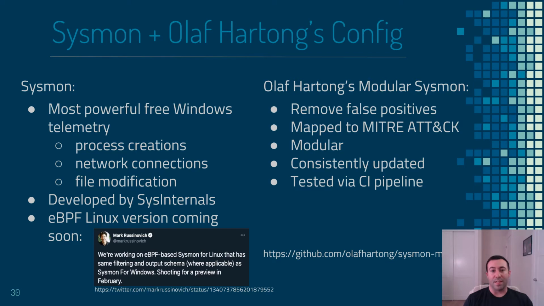One thing I'm personally excited about is that according to Mark Russinovich, in 2021, a Linux version of Sysmon is supposed to be released. I use Olaf Hartung's Sysmon config in DetectionLab because he's done an extensive amount of work fine-tuning the configuration to remove false positives, and the configuration gets updated consistently in the GitHub repo. In addition, he tests the config via a continuous integration pipeline. Personally, nothing warms my heart quite like security people testing things to ensure they work.